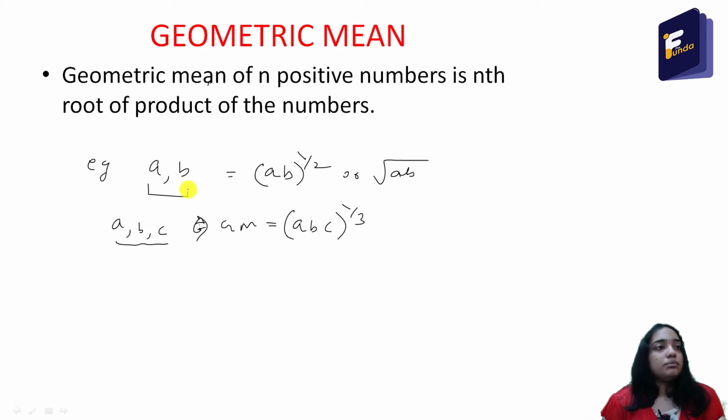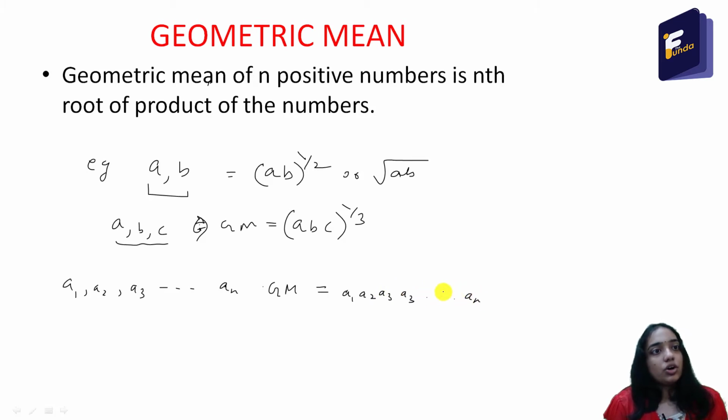So for n numbers, say a1, a2, a3 up to an, the geometric mean, GM, of these n numbers is equal to a1 into a2 into a3 into a4 up to an, whole to the power 1 by n.